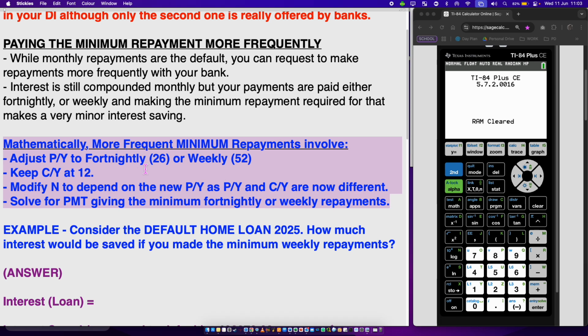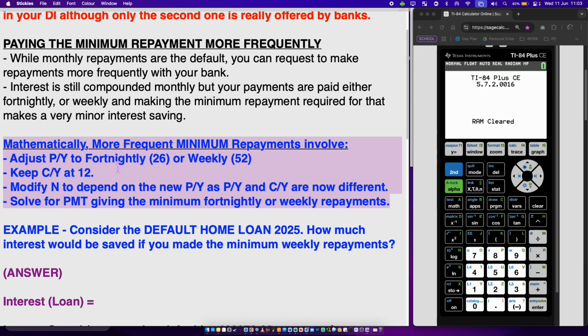Mathematically, it means PY and CY will adjust to 26 for fortnightly or 52 for weekly. Please be careful. You keep CY at 12. Your calculator wants PY and CY to be the same thing. So I don't want you to be annoyed like our student over here. He'd done all this maths, didn't look closely enough at the exemplars, where CY, you don't get a choice how often the bank compounds.